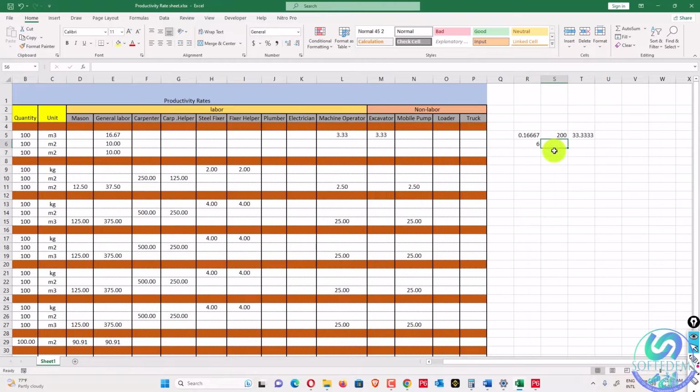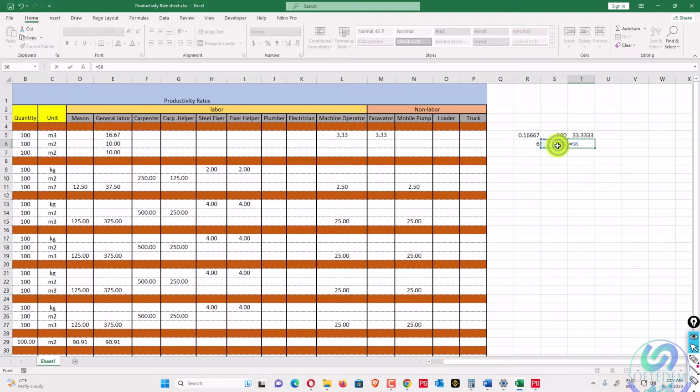Then we divide 200 by 6. We'll get the same productivity rate, but this time it's a different type of productivity rate and the unit is different. This is the simple concept.